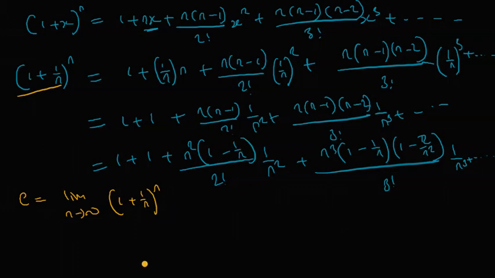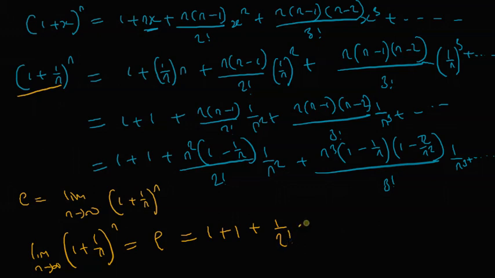So what we'll have is that the limit as n goes to infinity of 1 plus 1 over n to the n, which is e, will equal 1 plus 1 plus what? 1 over 2 factorial plus 1 over 3 factorial plus 1 over 4 factorial, and the pattern continues ad infinitum.